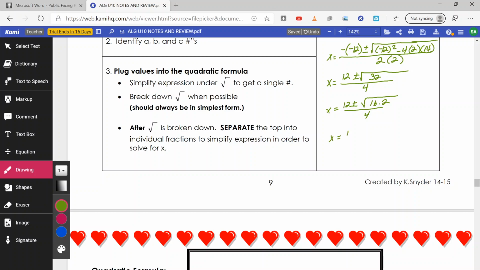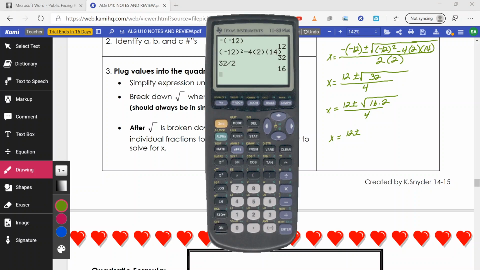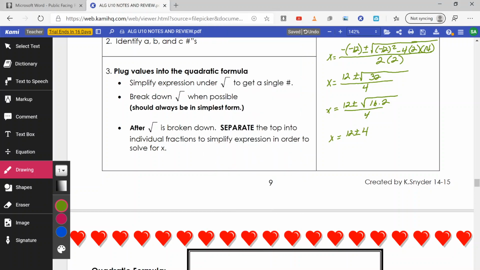So we have x equals 12 plus or minus, and then the square root of 16 is a solid 4. And then the square root of 2, I will leave. So the square root of 32 is in reality equal to 4 root 2.